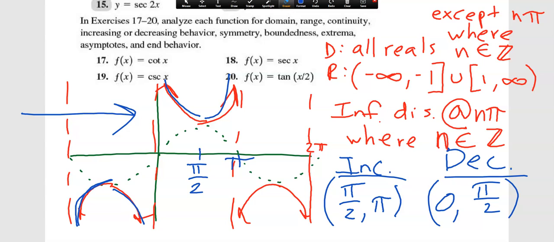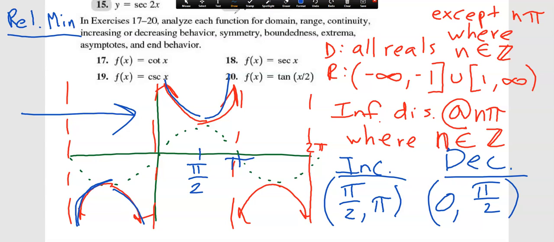Extrema. Do you have any relative mins or maxes on this graph? Okay, hopefully you see a lot of relative mins and maxes on this graph. Can you name me any relative min? Remember, relative mins and maxes are y values, and they occur at a particular x value.